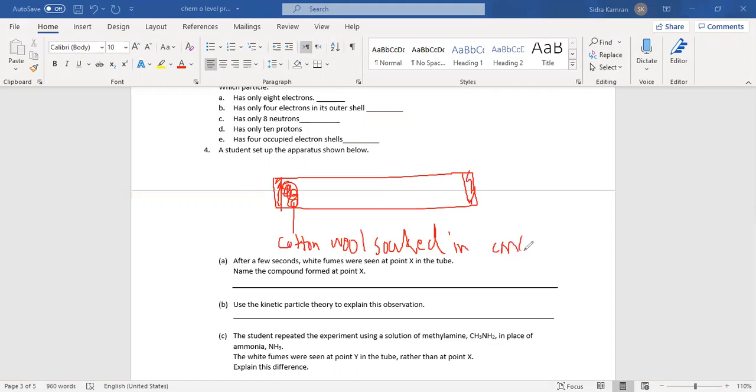And here I am placing cotton wool soaked in concentrated aqueous ammonia.